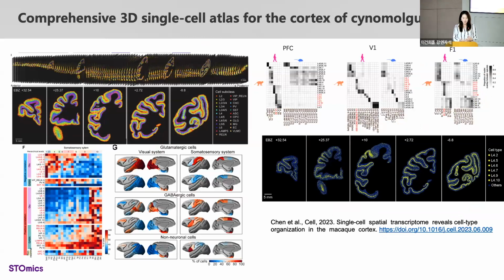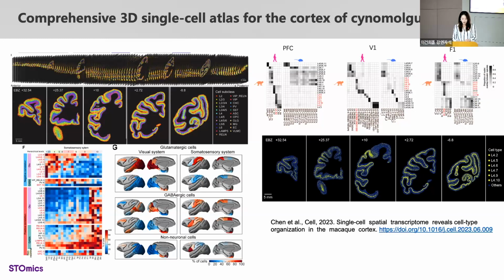Stereo-seq revealed the global distribution of 264 cell types and their marker genes. Scientists were also able to discover that the regional density and composition of cell types are actually coupled with cortical hierarchy, meaning that many of the cells are regulated in a manner dependent on the hierarchy in the cortex.